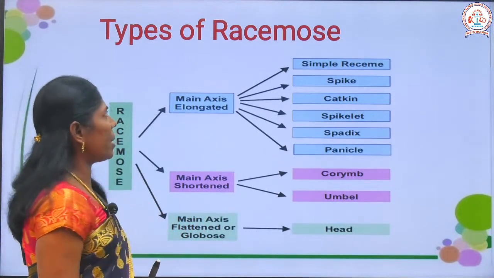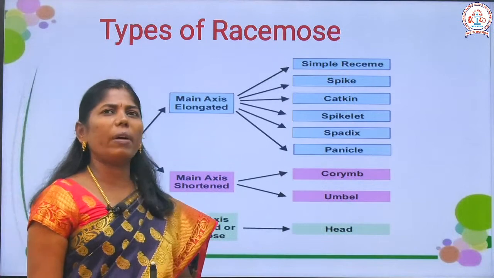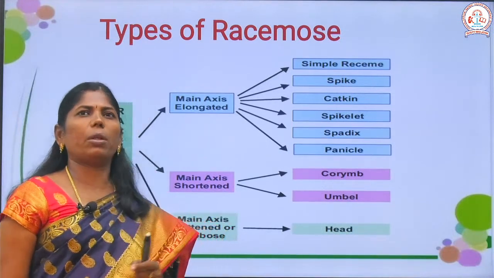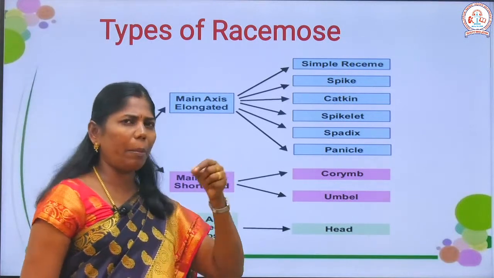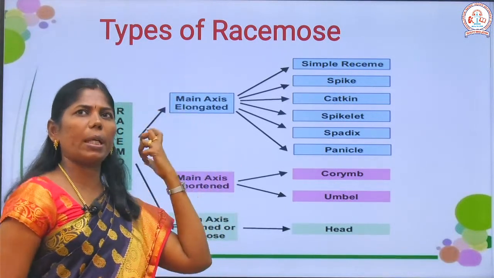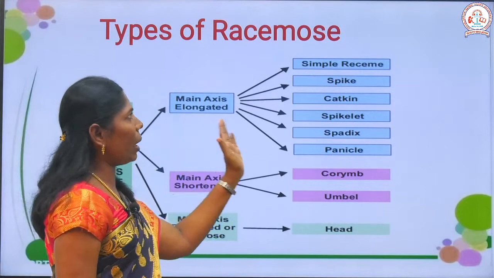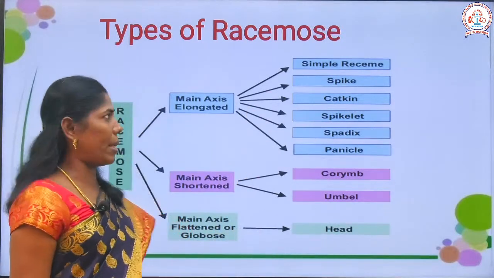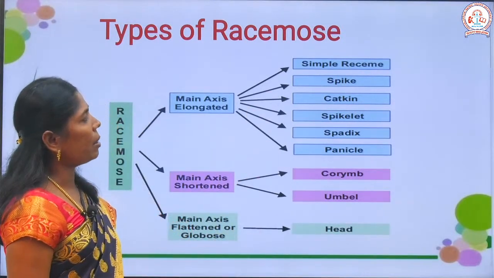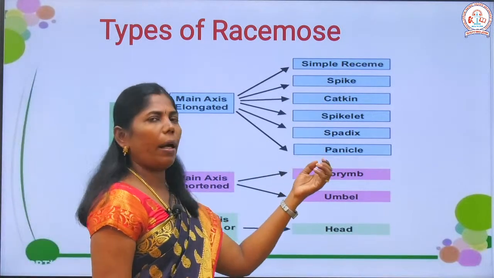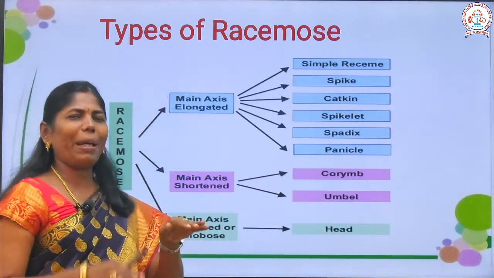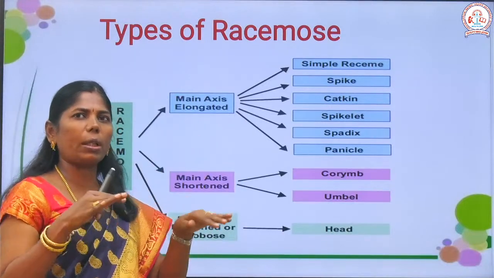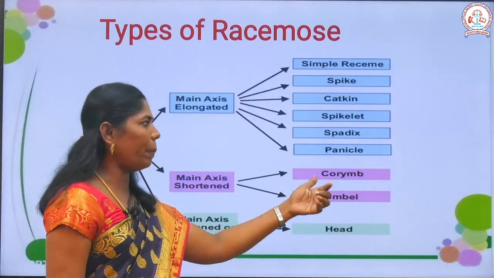Next, the types of racemose. The racemose are divided based on the branching. If the main axis is elongated, it keeps growing, and it is classified into simple raceme, spike, catkin, spikelet, spadix and panicle. If the main axis is shortened, not growing, it is a corymb and umbel.